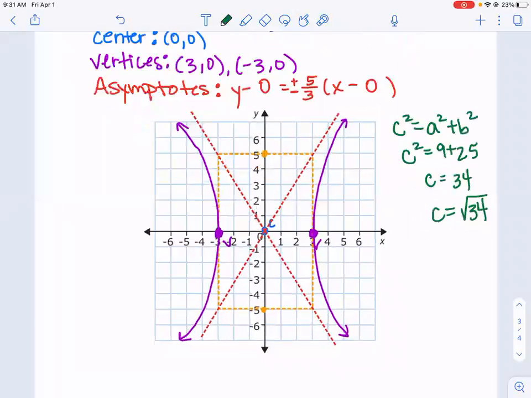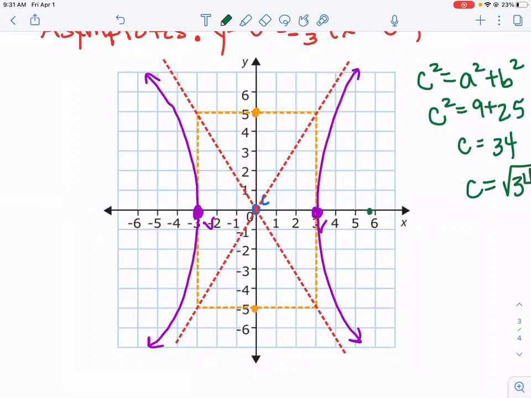Okay, so I'm going to go 1, 2, 3, 4, 5, almost 6 for my one focus. 1, 2, 3, 4, 5, almost 6 for my other focus. Since we have a horizontal hyperbola, we are moving our foci horizontally from the center. And we'll give them a name.